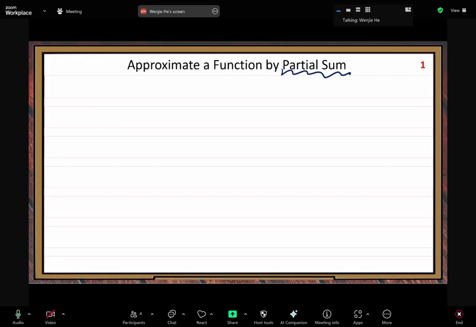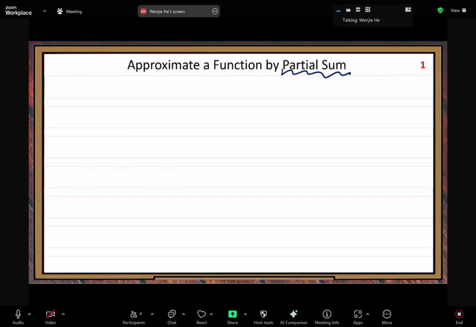In our part A, we already passed that convergence stage. But in our part B, we want to use partial sum to study the approximation error. Because when you do approximation, you have some error. The question is, how large is your approximation error? We want to put the approximation error under control.